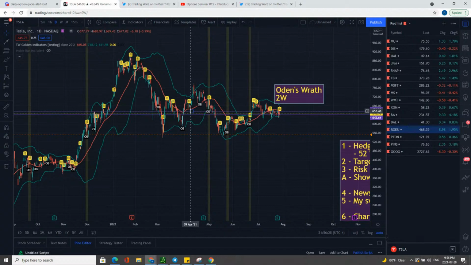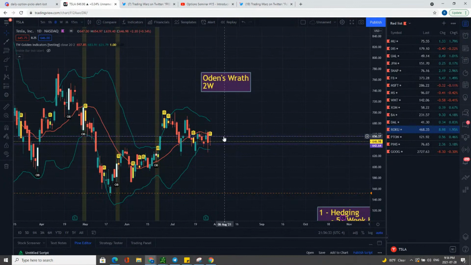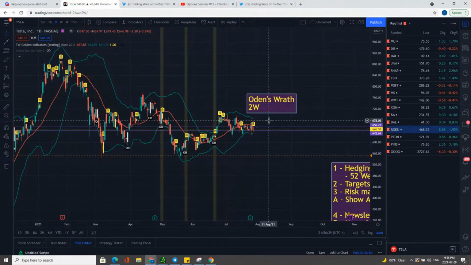Let's say you go long. Tesla closes at 662 and you got in at, say, 648. Then you get lucky and this becomes the breakout of this big consolidation, and you go all the way back up to 800.